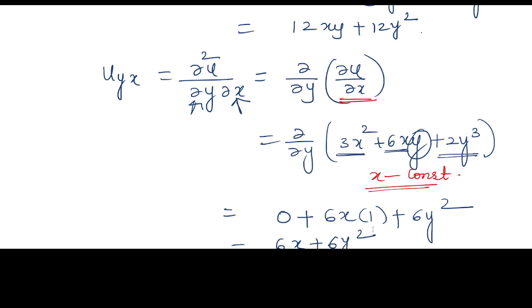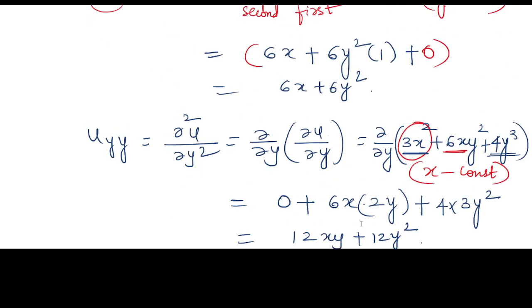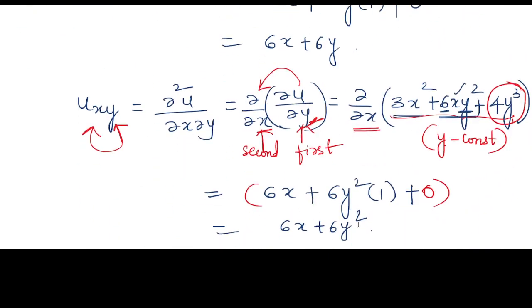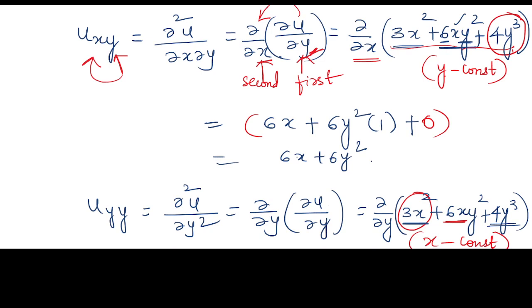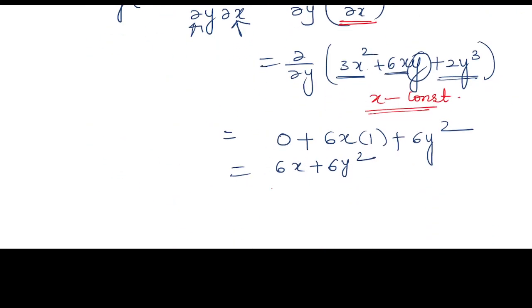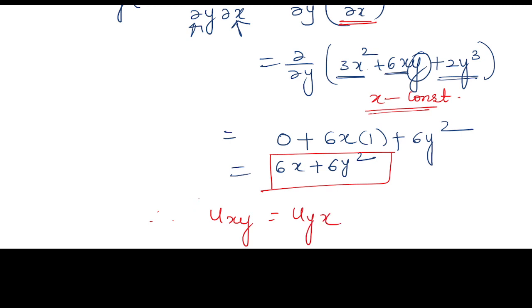Okay. So if we observe, the value of u_xy is 6x plus 6y², and the value of u_yx is also 6x plus 6y². So here we can say that u_xy is always equal to u_yx.